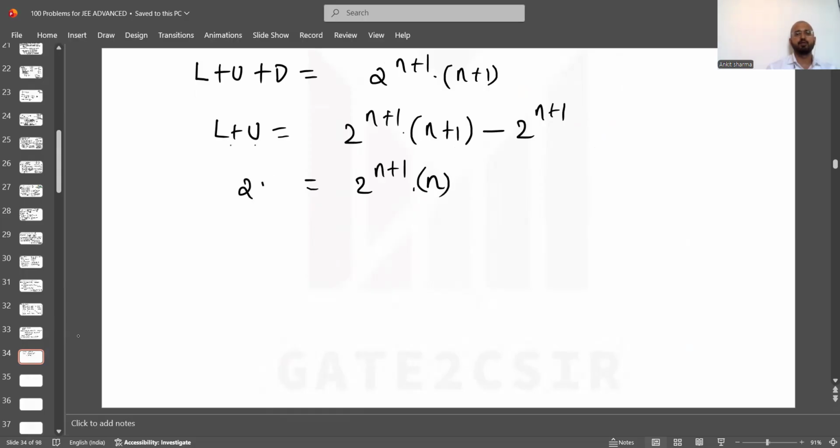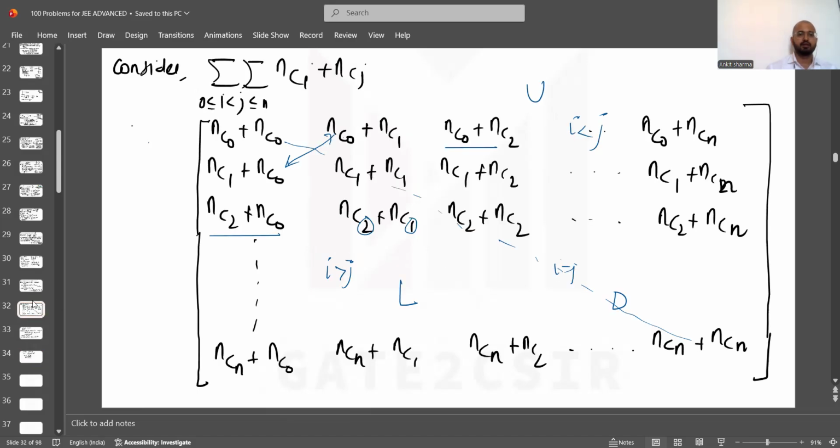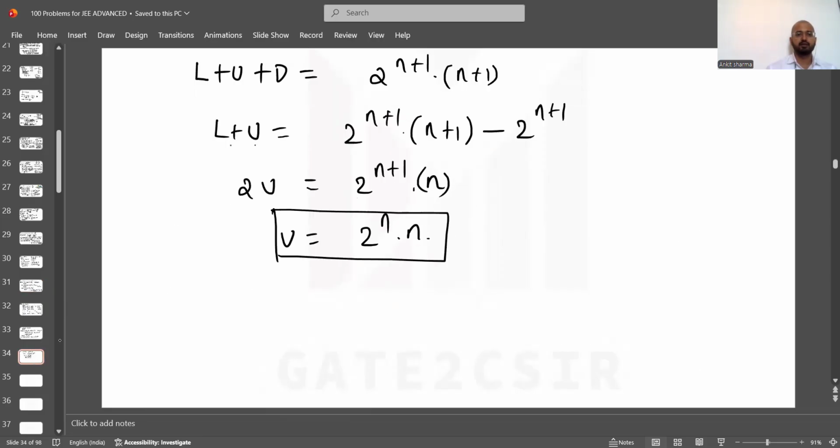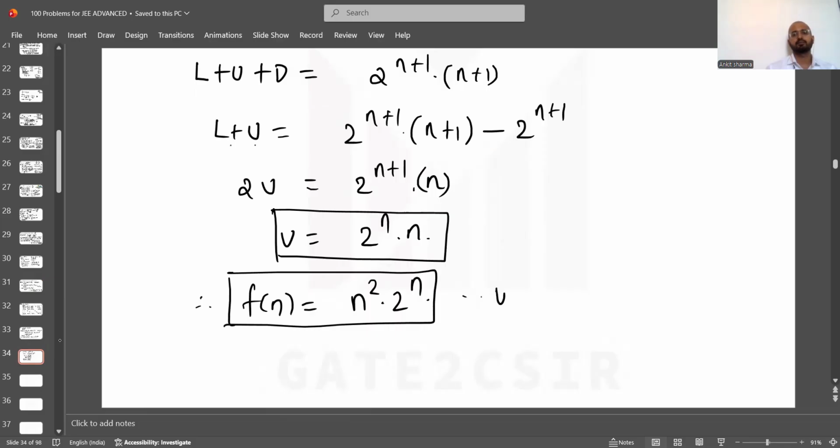And L and U both are the same, so U will be 2 to the power n into n. But our intention is to find out this. So the final answer f of n would be n square into 2 to the power n, using star.